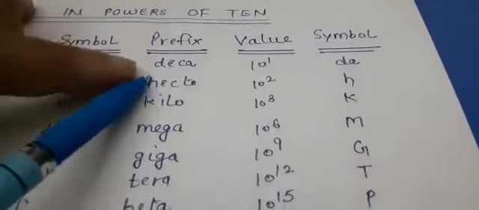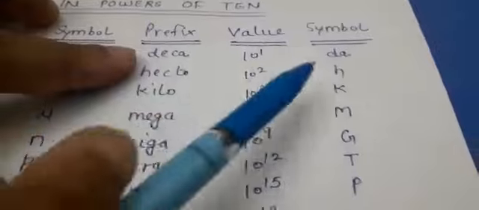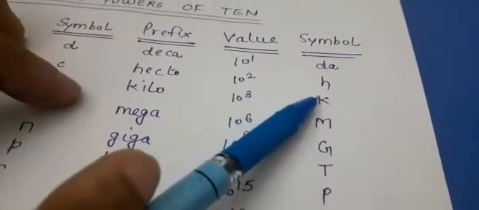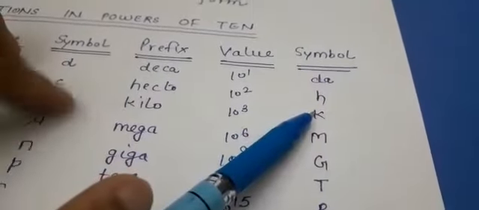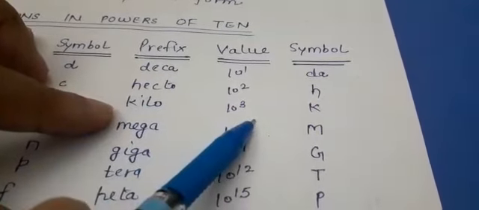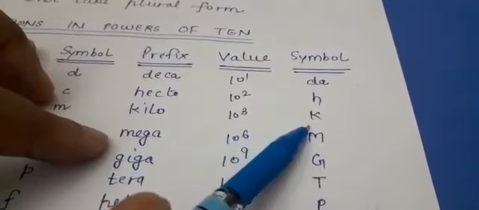First prefix is deca. Symbol is da, 10 raised to the power 1. Hecto, 10 raised to the power 2, symbol h. Then kilo, 10 raised to the power 3, which we are familiar with, symbol k.